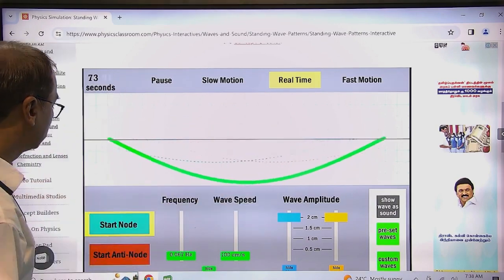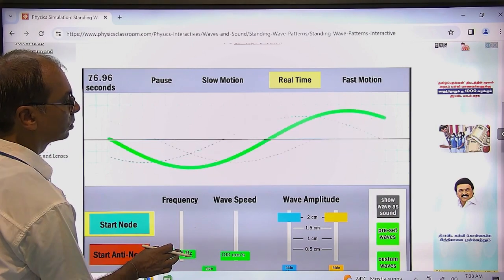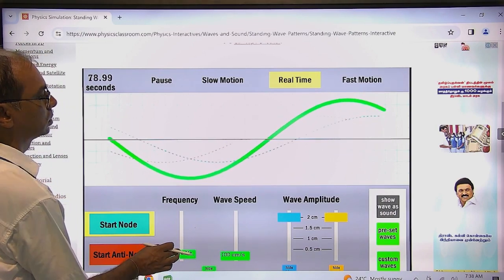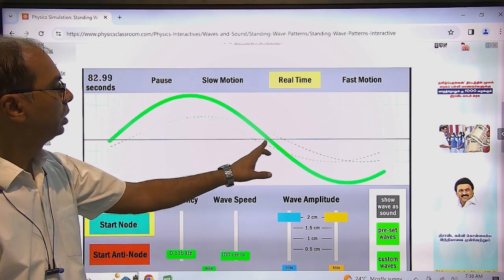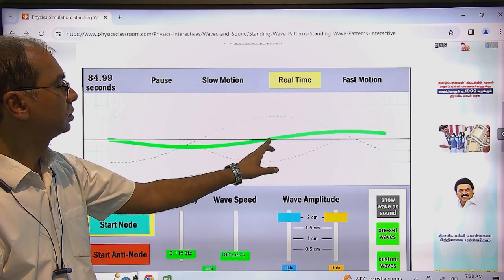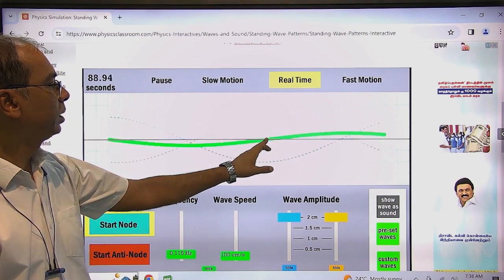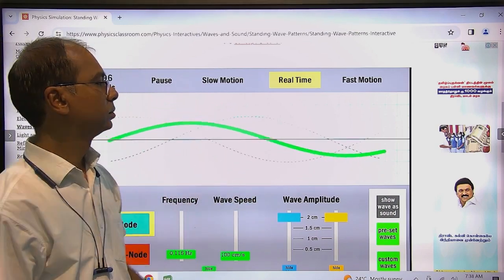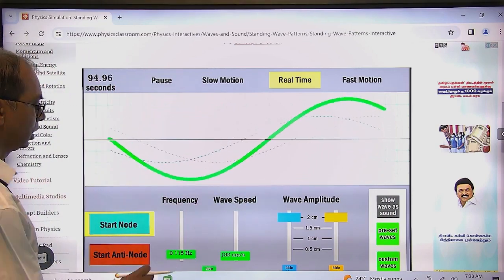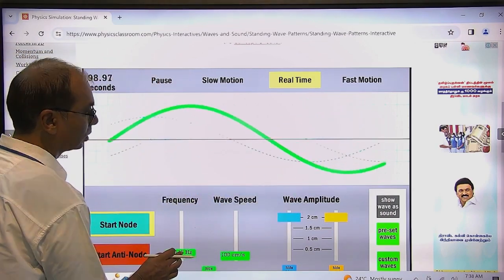We can increase its frequency, and you can see that we can make more loops. See, there are 2 loops now. But this point here is always at rest. Okay, so this is a node. So what is happening because of that? This energy is not going to this loop. Still, I have to increase the frequency because a closed loop is not there.